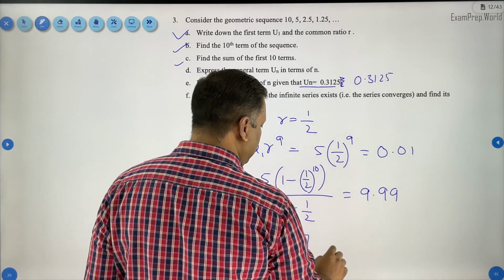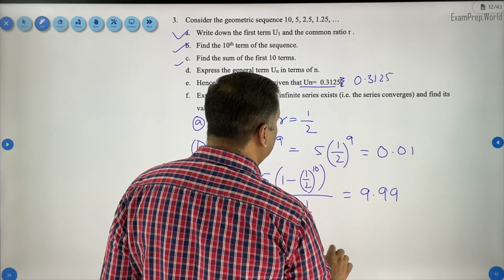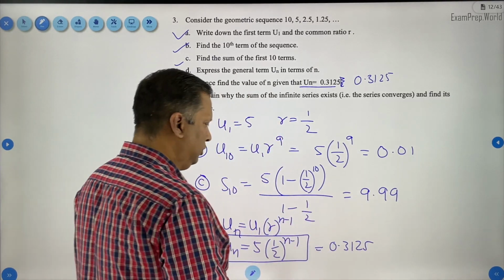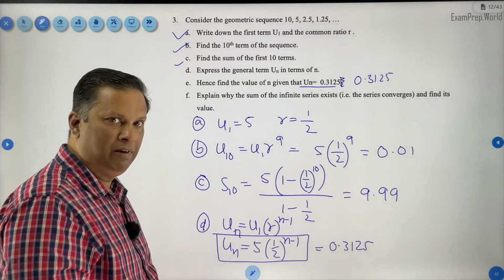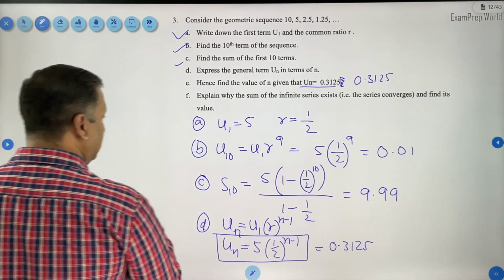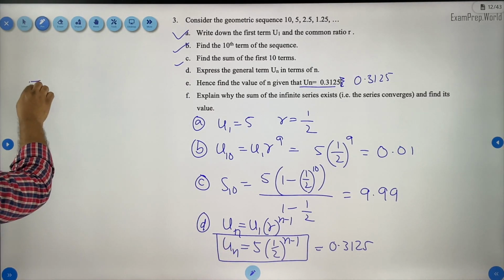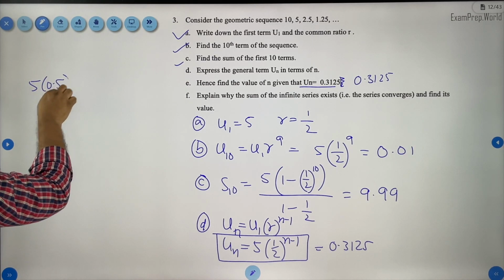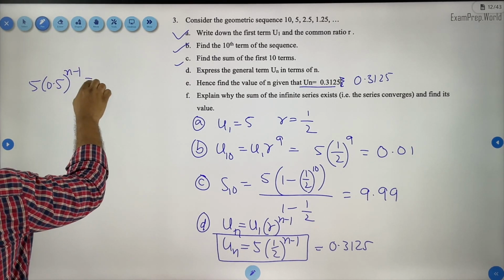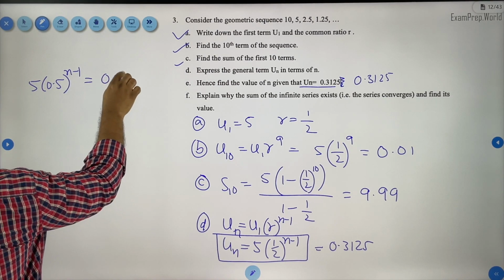What we will do, we will equate this to 0.3125. Okay, this equal to this, we can calculate n. How? Let's do that. So we have 0.5 whole to power n minus 1 equals 0.3125.